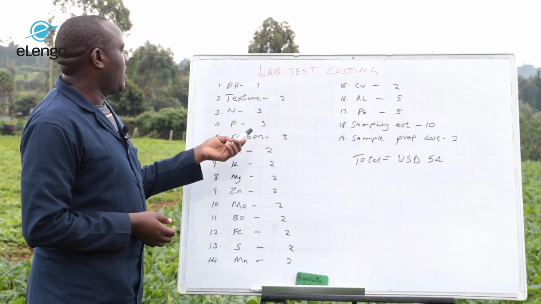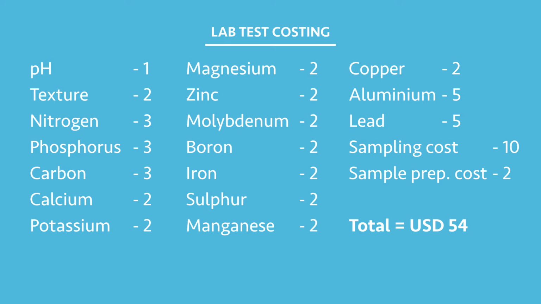The pH costs roughly $1. Testing for the texture class, around $2. Then we have the nitrogen and phosphorus, which is tested, and the cost takes around $3. Carbon, $3. And then we have the micronutrients, including potassium, which costs roughly $2 each.